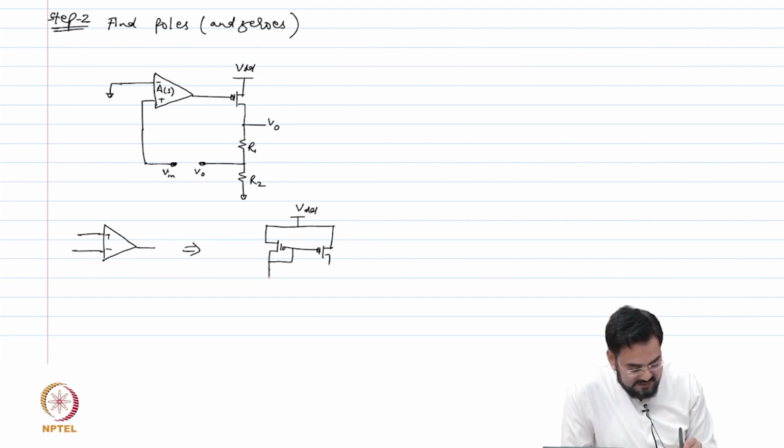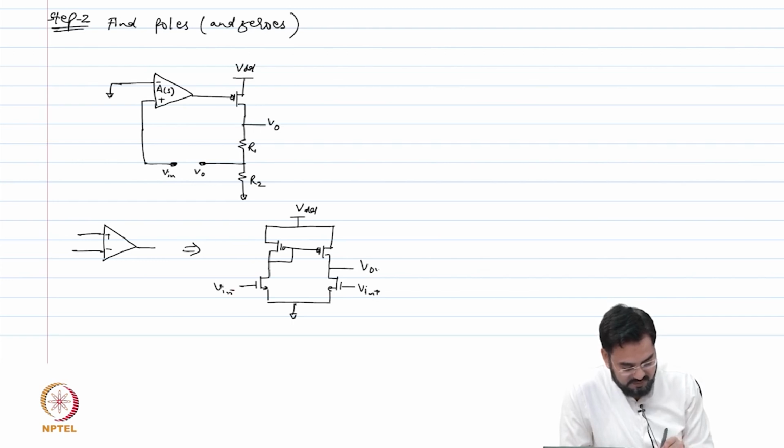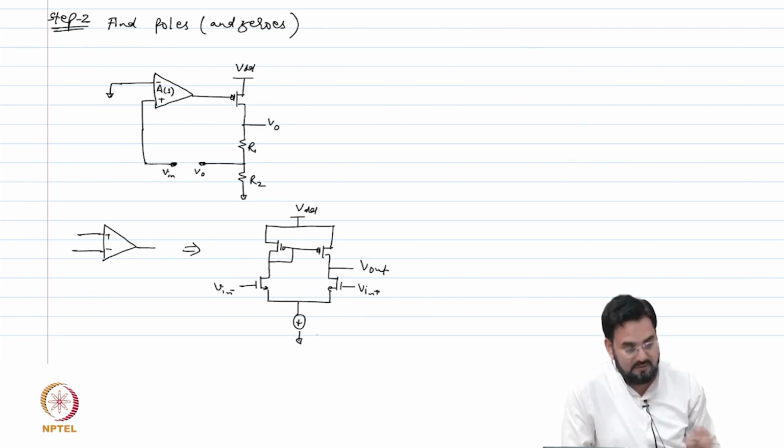If you do not understand this, you will be taught all these things in the analog circuits course. So, this is your V in plus, this is your V in minus, this is V out. You have a tail current here. Okay.